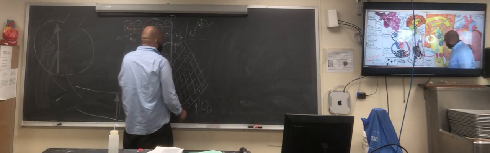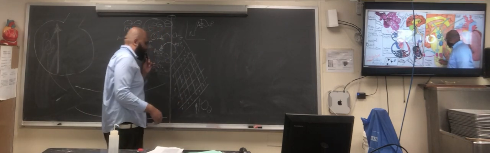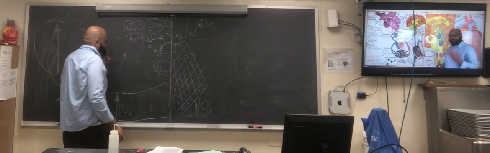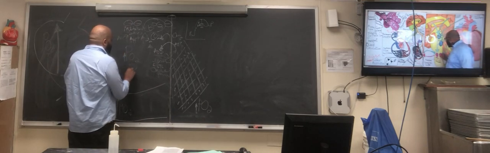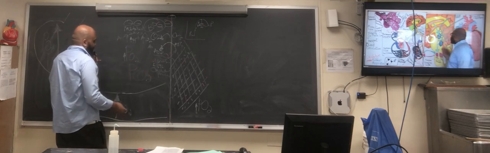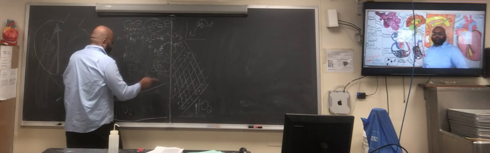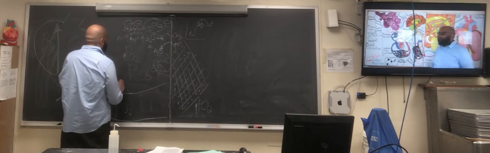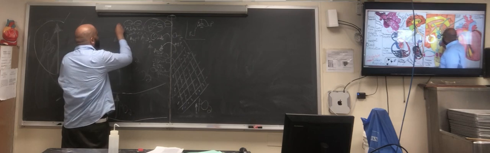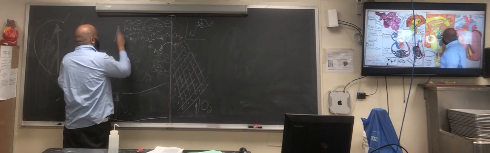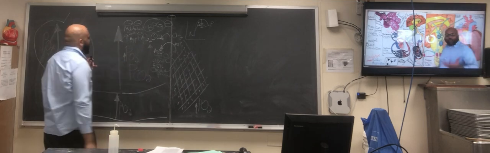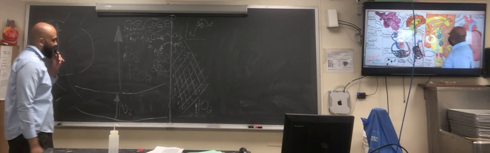Well, here in the tissue that is undergoing aerobic metabolism, you have so much carbon dioxide being generated. So how is the partial pressure of carbon dioxide compared to the partial pressure of oxygen? The partial pressure of carbon dioxide in the tissue is going to be extremely high, the highest, because the tissue is undergoing so much aerobic metabolism, utilizing so much oxygen and giving off as a result carbon dioxide.